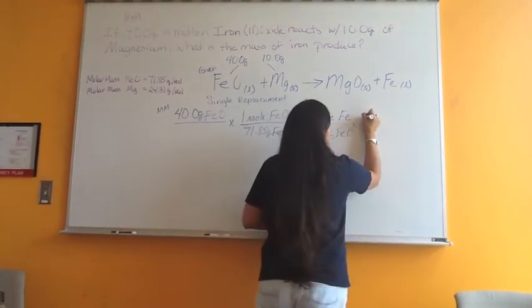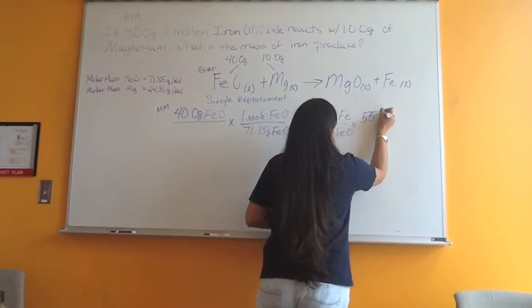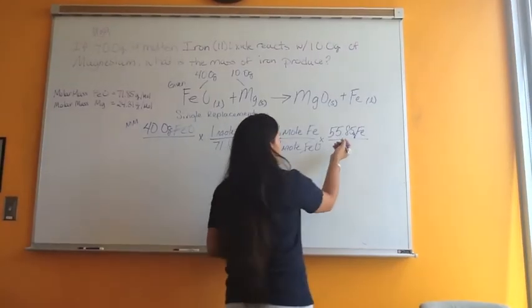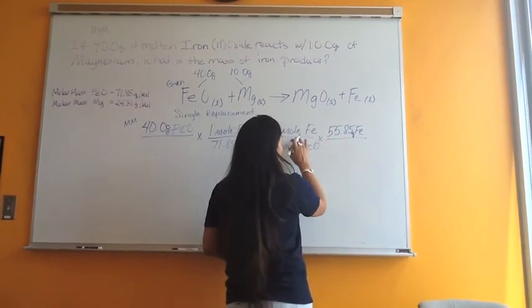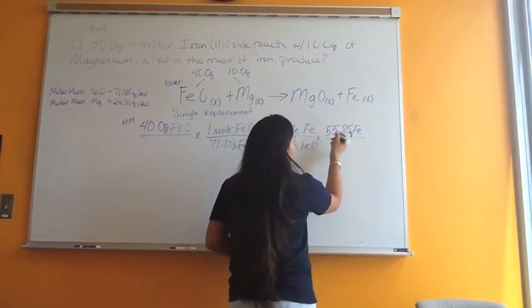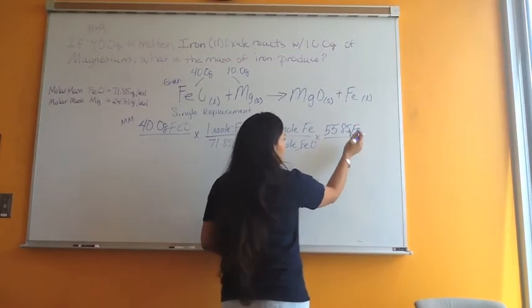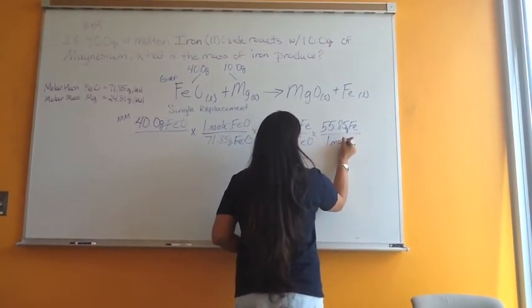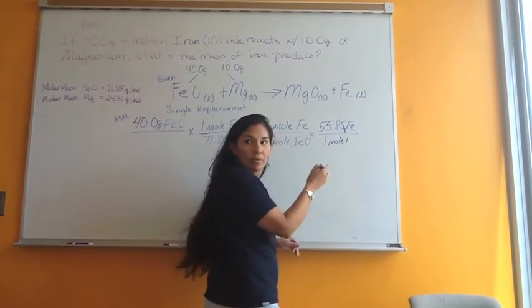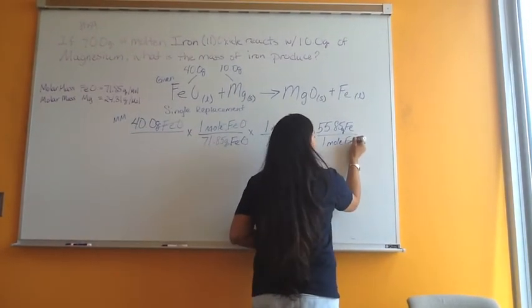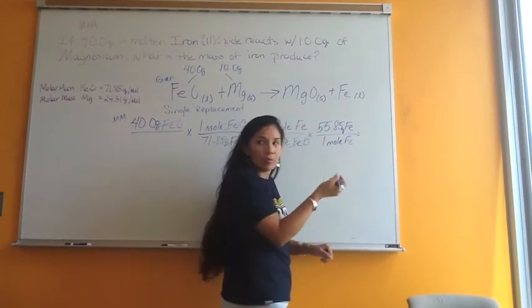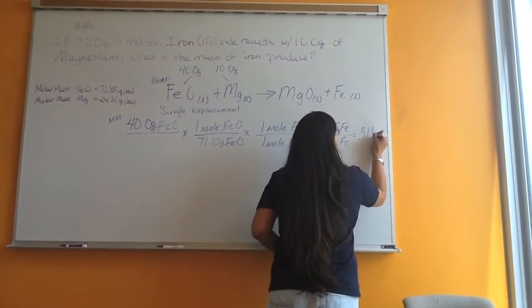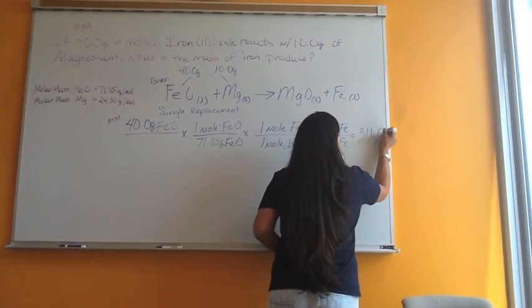We look at our periodic table, it's going to be 55.85, and we're going to go from moles back to grams. So we're at 55.85 grams of iron per 1 mole of iron, which, when you do the calculations, comes out to 31.1 grams of iron.